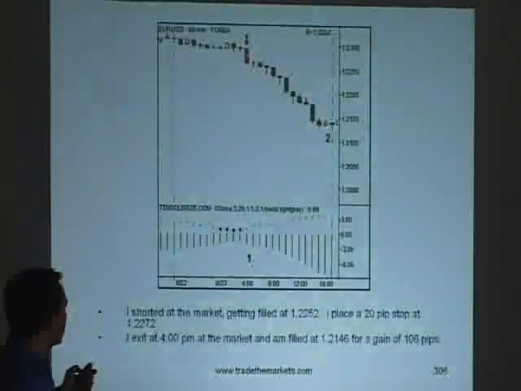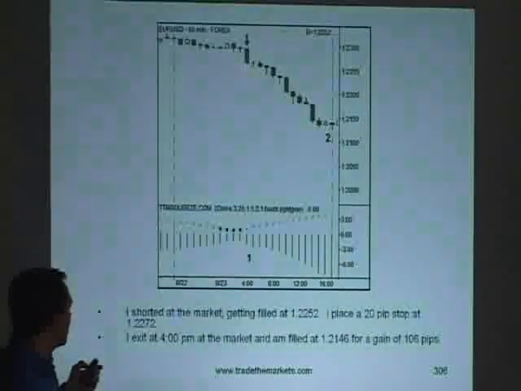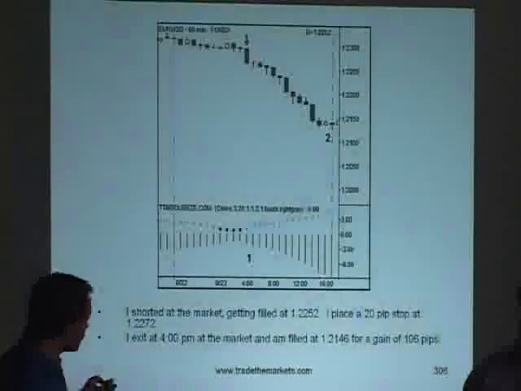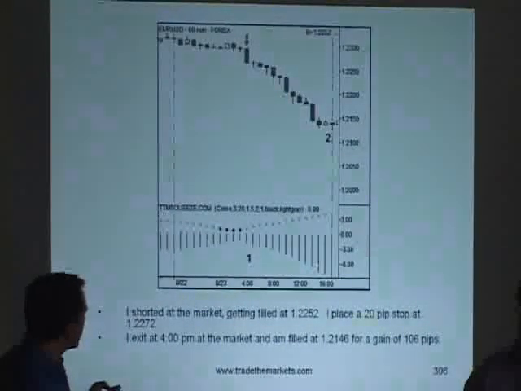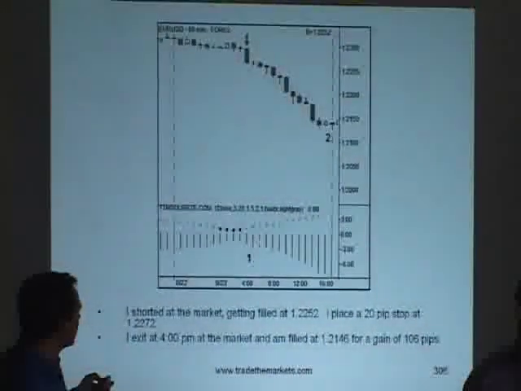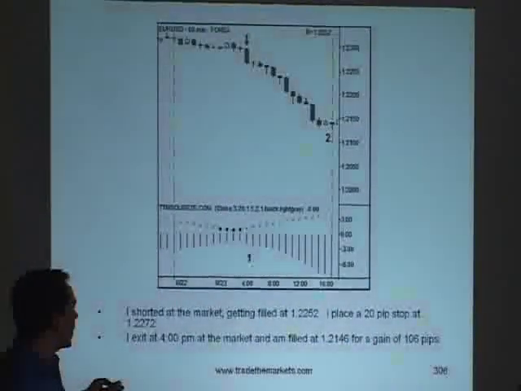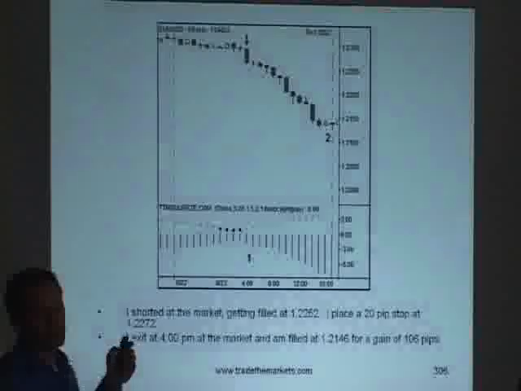So when it fires off, I just get short, in this case, and then I just stay in. In this case, we actually don't lose momentum. And this trade was like a year ago, just on a 60-minute trade like this. When we closed at 4 o'clock, I just got out, and this was a 106 pip move. If you guys know, 106 pips is like catching 212 points in the Dow.